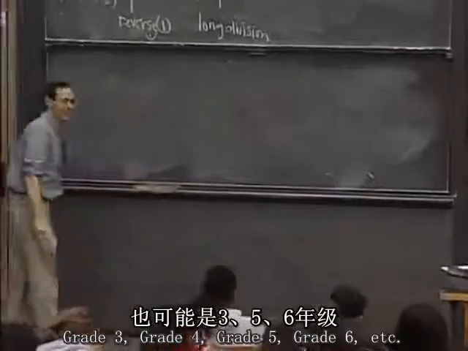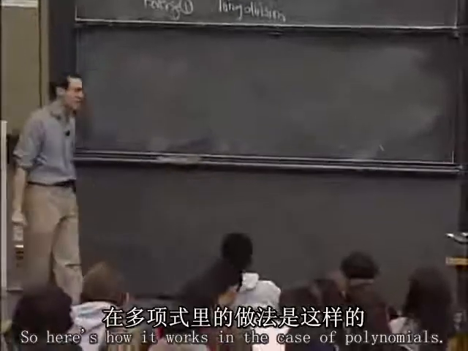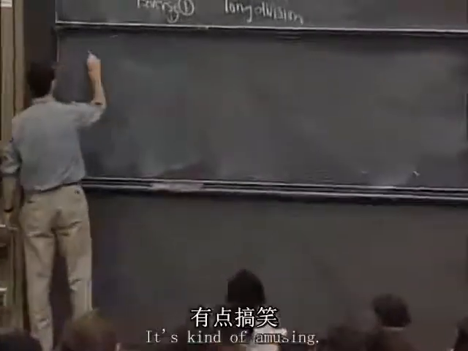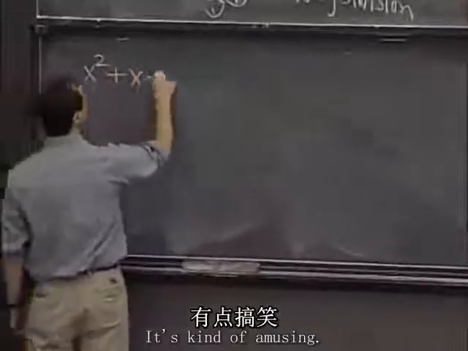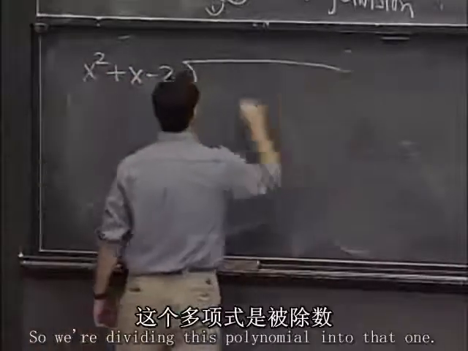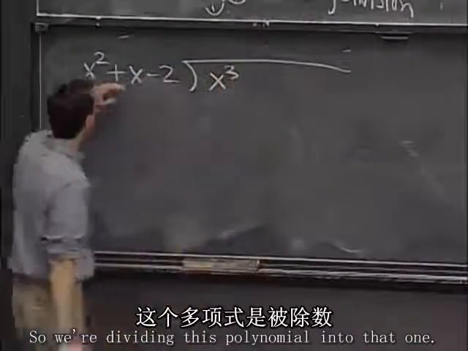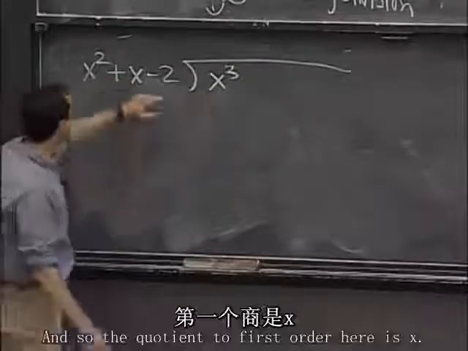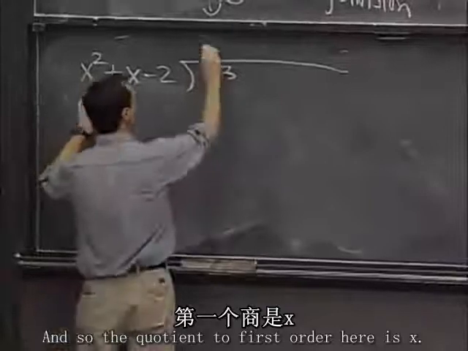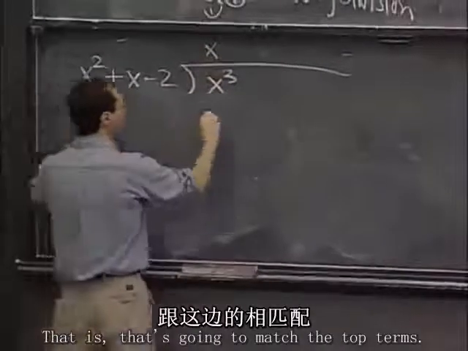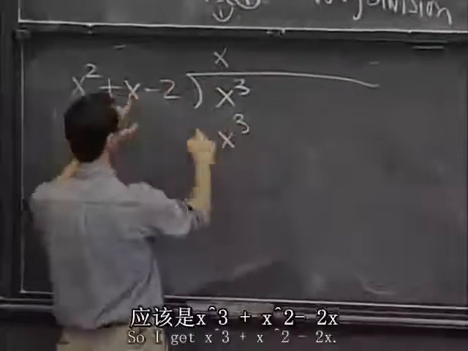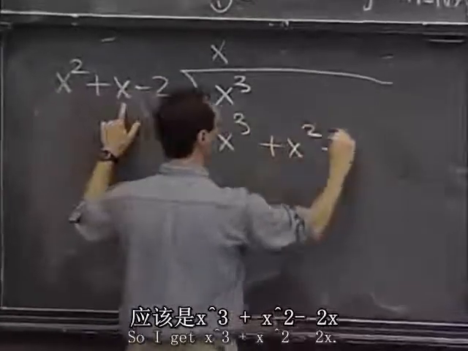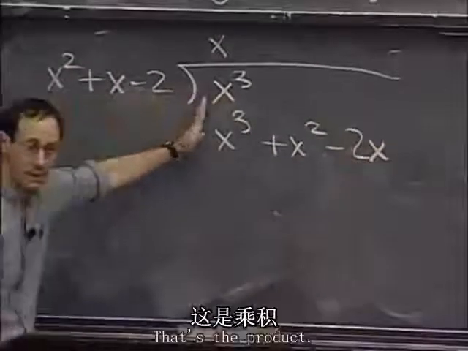Okay, so here's how it works in the case of polynomials. It's kind of amusing. So we're dividing this polynomial into that one. And so the quotient to first order here is x. That's going to match the top terms. So I get x cubed plus x squared minus 2x. That's the product.